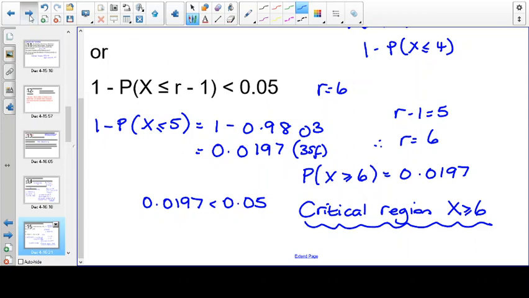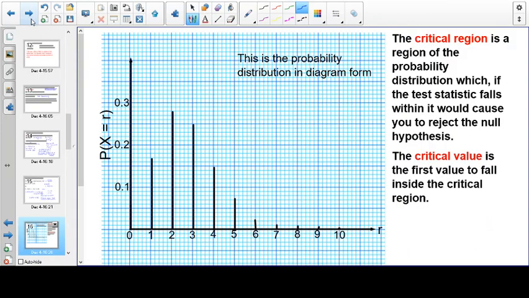I can show this on a little diagram. Here's just a probability distribution diagram that you've seen when we did chapter 6. These are the possible number of wins from 0 up to 10, and these are the individual probabilities of getting those wins.